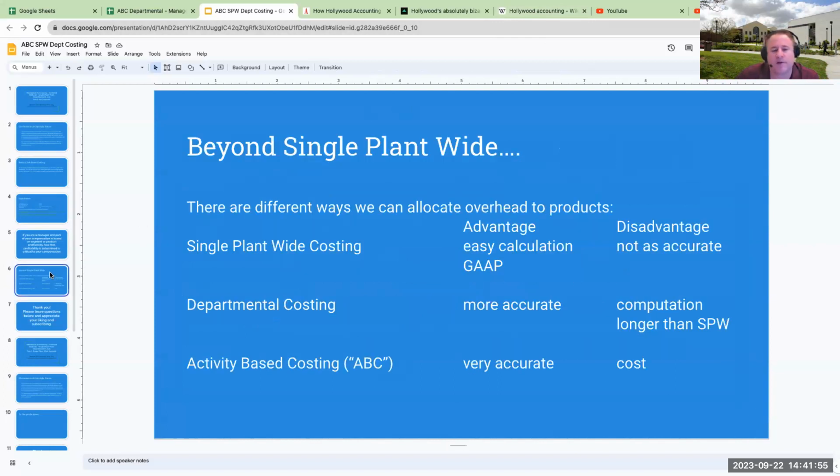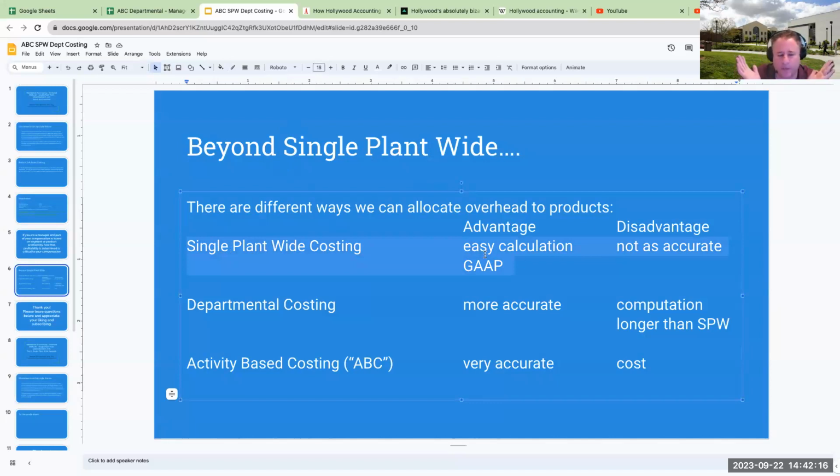But let's now move back to what we're going through, which is essentially talking about other methodologies in terms of doing some costing, or basically what I would call overhead allocations. So you've got activity-based costing. We'll start with single plant-wide. Single plant-wide is what we did in job order costing.